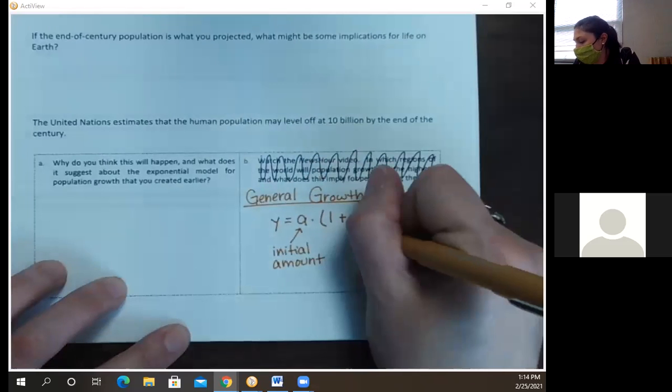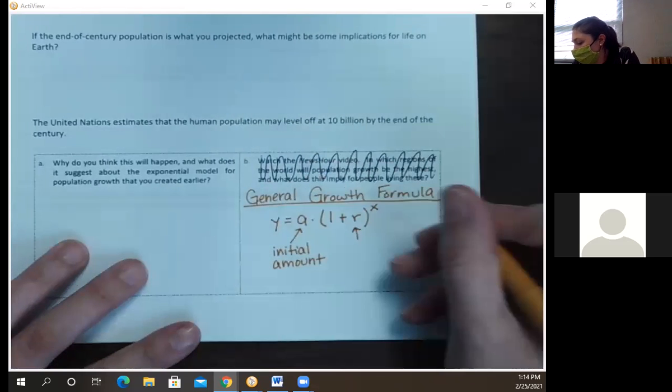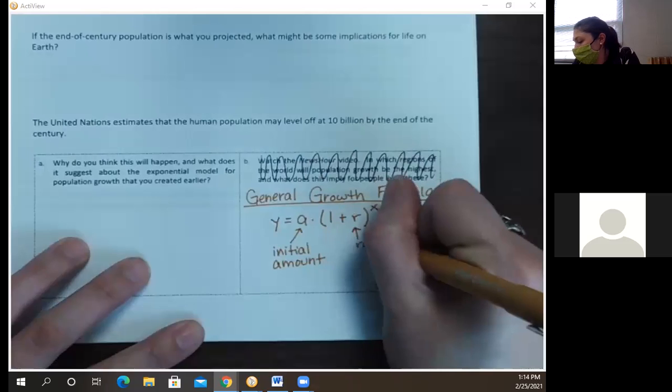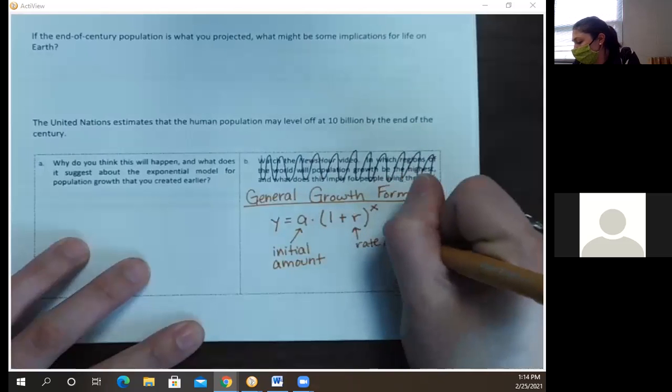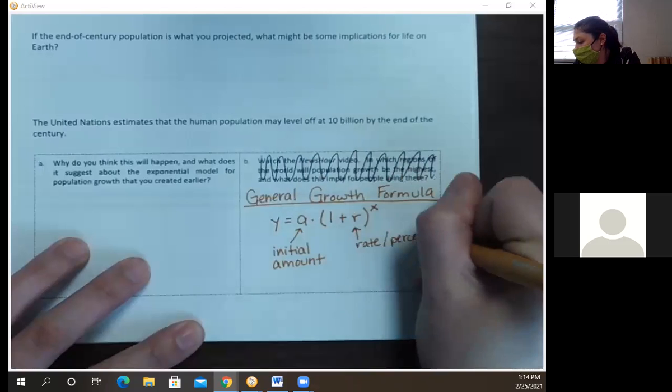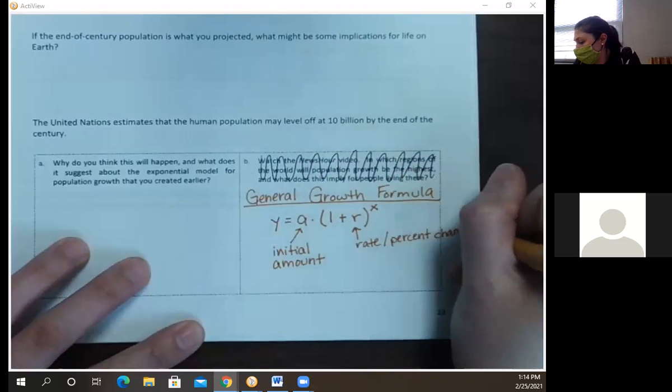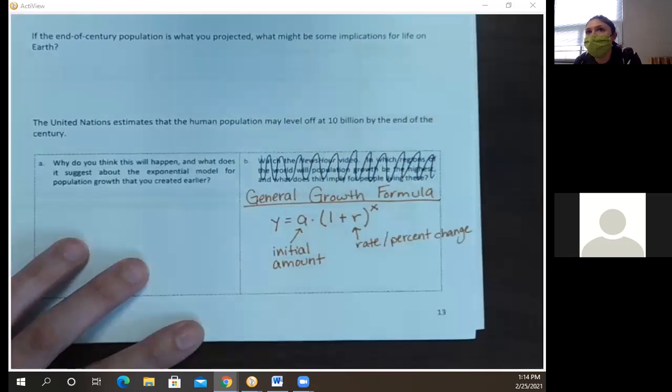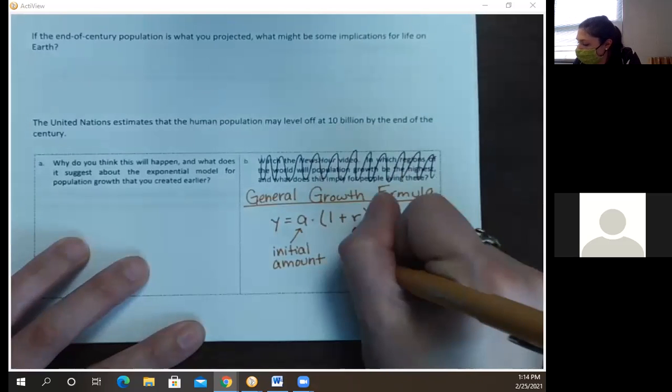And then r is going to represent our rate or percent change. And when we use it in our formula, we're always going to represent it as a decimal.